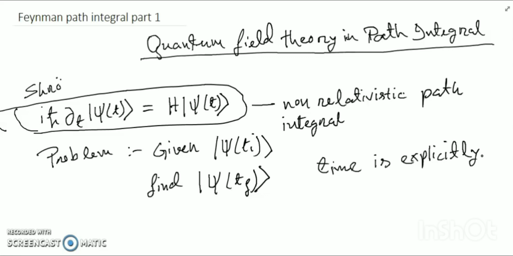Okay, what is the relativistic generalization? Dirac had a proposal which we will be considering here in our discussion. So Dirac's problem is formulated itself: look for a formulation where both space and time are on equal footing.